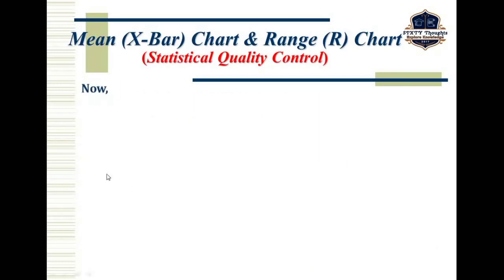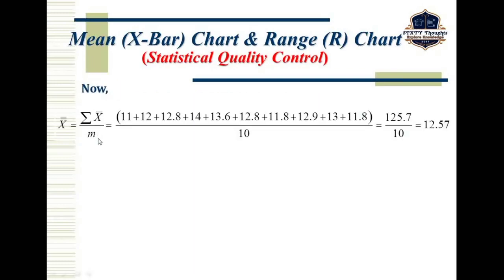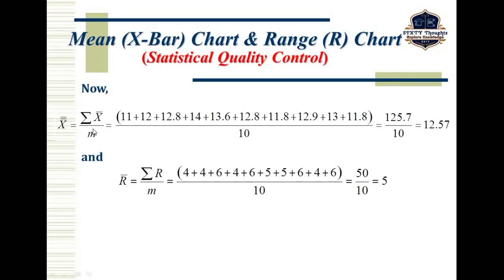Now we find x double bar, the sum of x bar by m, adding all sample means and dividing by 10. If we add all the sample means, we get 125.7 by 10. Simplifying, we get 12.57. Next we find the r bar value. r bar is the sum of r by m, adding all the range values.